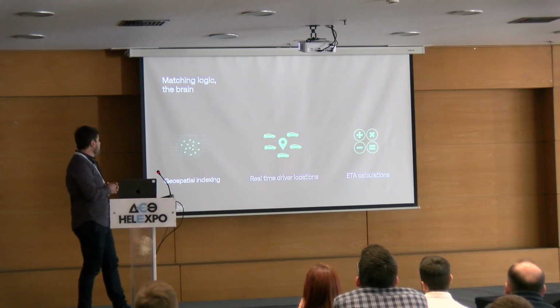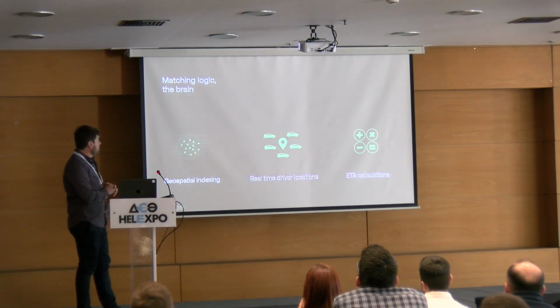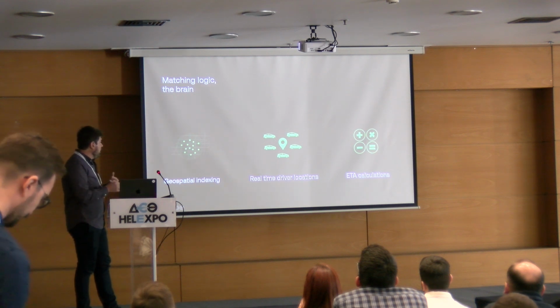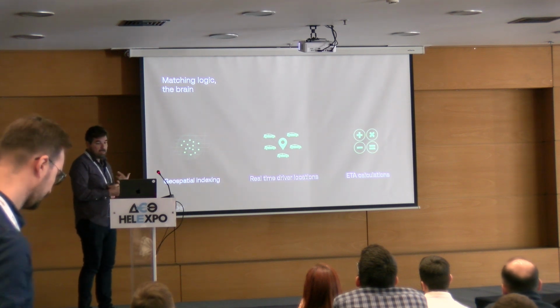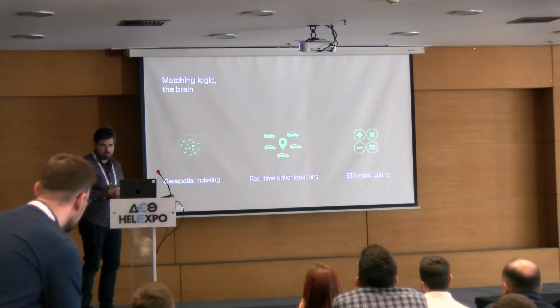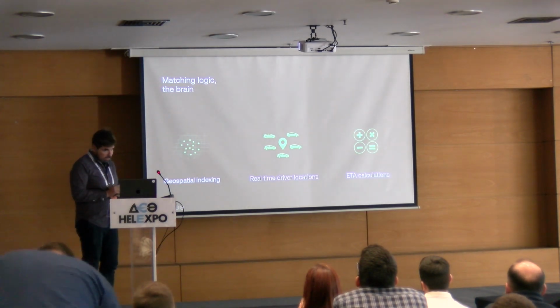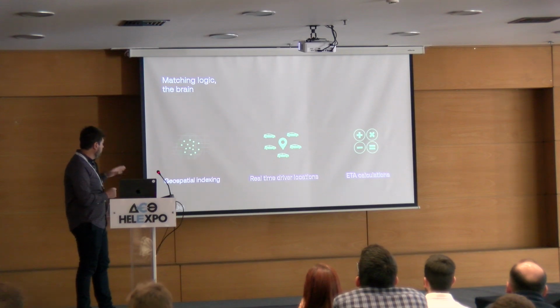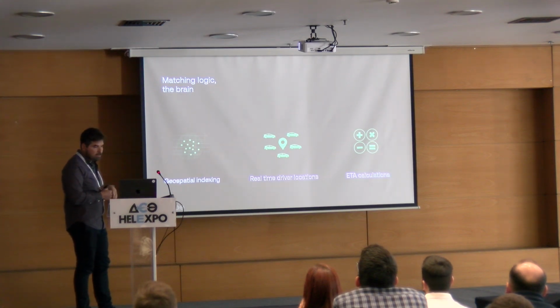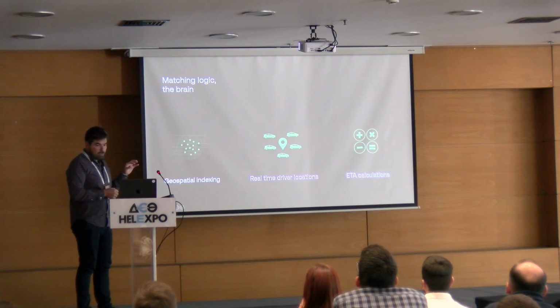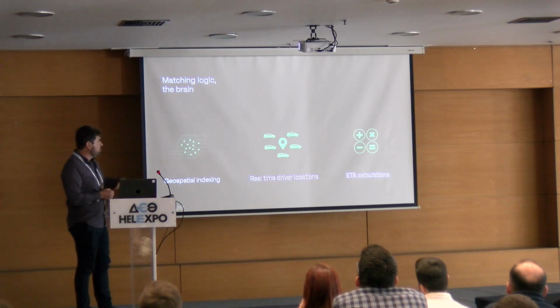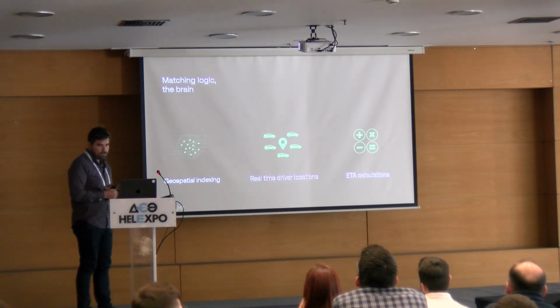So again, let's see what happens once this API request reaches our backend. At the heart of Karoot, we have a real-time intelligence engine where geospatial indexing meets real-time driver locations and their tracking.